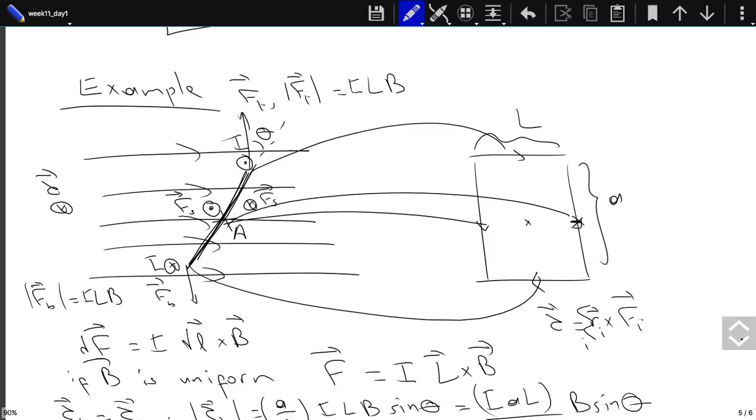If we define the mu vector to be pointing in this direction, then this angle over here is nothing but theta. This is nothing but B. And what is the direction of B cross mu? Into the screen, just in the direction of the torque.